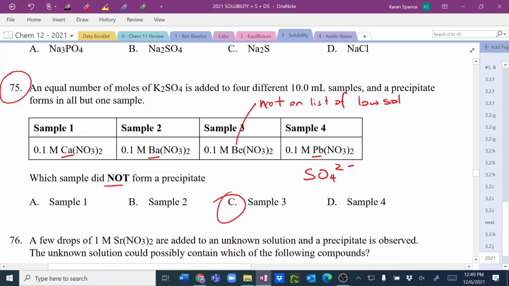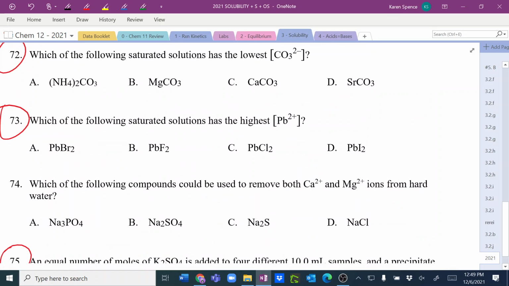Let's see what else. 73, 72. Which of the following saturated solutions has the highest concentration of lead? Well, if you had, are we looking for another one? Oh, okay, good luck. I'm not quite entirely sure that I have more, but we'll see.